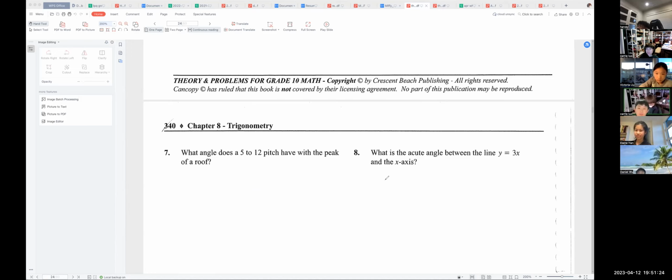Okay, so let's take a look at this one. What is the acute angle between the line y equals 3x and the x-axis? Very good, Carrie.